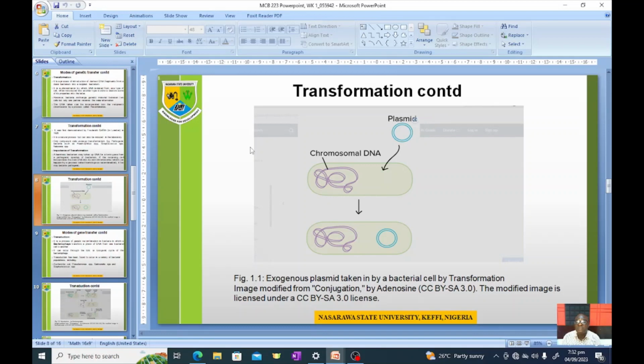If you can see that from cell A, the chromosomal DNA is as you are seeing. On the right side of that cell, you will see the plasmid. So it has, by way of transformation, been sent into a cell, and you can see it incorporated in the second cell. So the exogenous plasmid is now taken in by a bacterial cell by transformation.